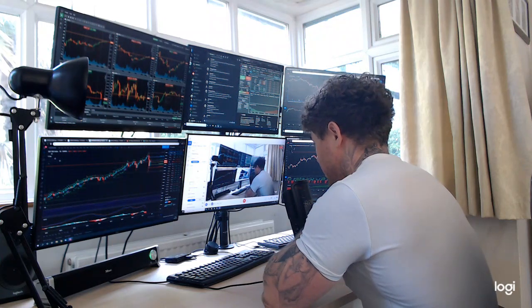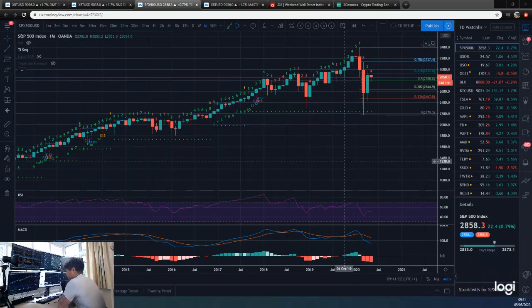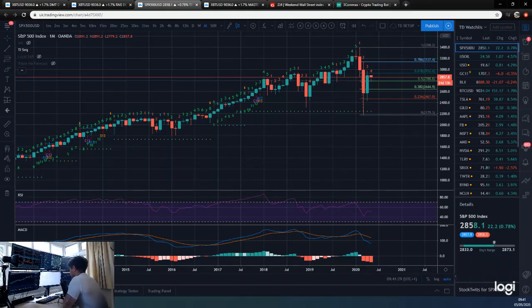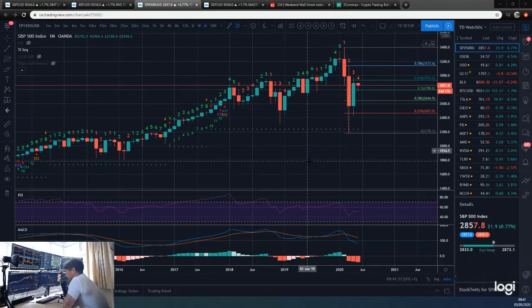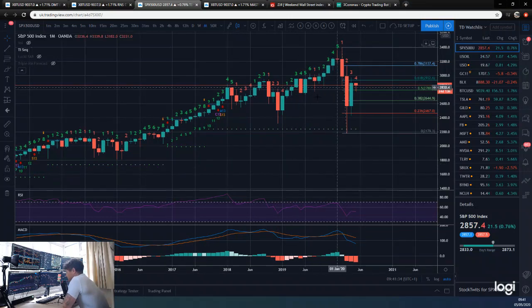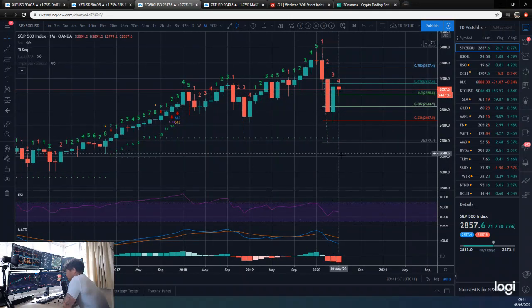So first, we'll go straight over to the S&P, and how we'll do this, we'll start monthly, weekly, and then daily. This is the monthly chart for the S&P. You see we've got these fibs on from this retracement, this sell-off we've had here. So you can see the monthly chart is still in a bearish looking posture.